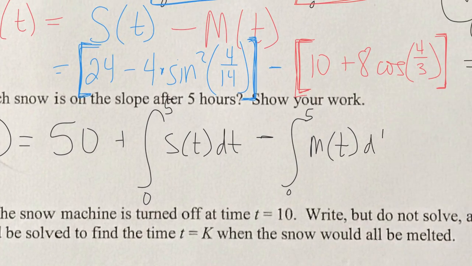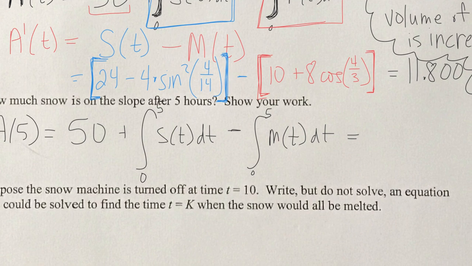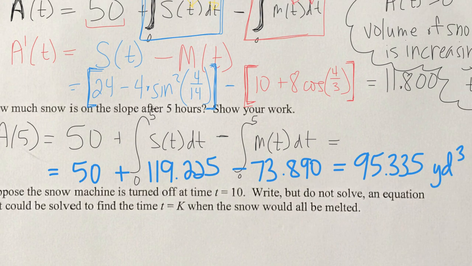Of course, this is going to be done all in your calculator, so make sure you still have these values in there. Just change the upper limits to 5, and it's a pretty easy thing to do. And you should be getting a total of 95.335 cubic yards of snow after 5 hours. Hopefully you have a calculator that is smart enough to do that for you.